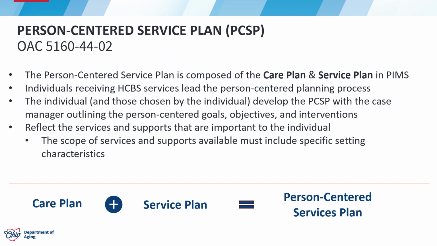The plan needs to include those identified goals and the desired outcomes. It needs to include natural supports who will help them meet those goals, but also include the services or providers that will also help them meet those goals.